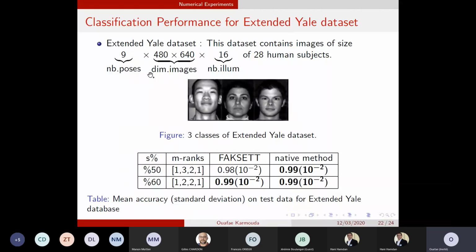Here, the two dimensions correspond to the dimension of the images, and the fourth dimension is reserved to the number of illuminations. So here, if we vary the percentage of the training sets and the multilinear ranks for computing the higher order singular value decomposition, here we have the classification performance of both of the methods. So we clearly see that both of the methods reach very high accuracy scores to classify these datasets.